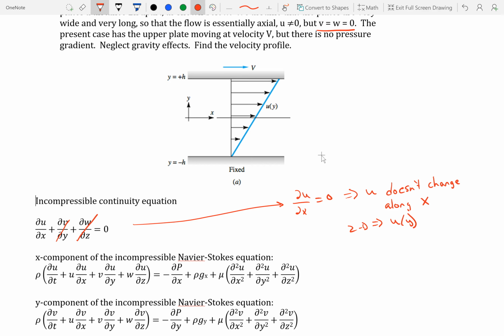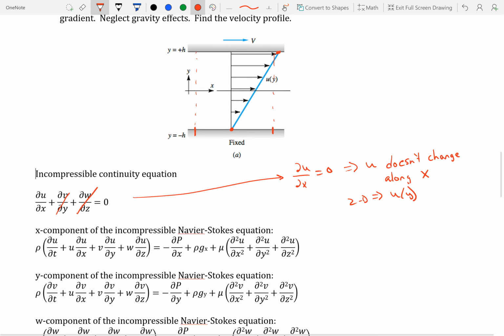So the velocity profile along the y direction is going to be the same no matter where you are along the x direction. But if you notice, the velocity here is 0 and the velocity up here is V. So we know that u changes in the y direction.